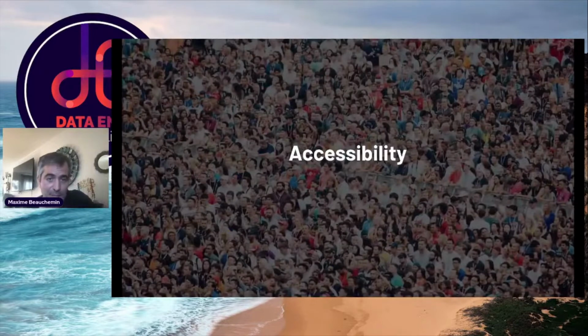So accessibility goes directly with this idea, right? It was hard for smaller companies to have a data team or to be good with data because the tooling was either prohibitively expensive or just not accessible.